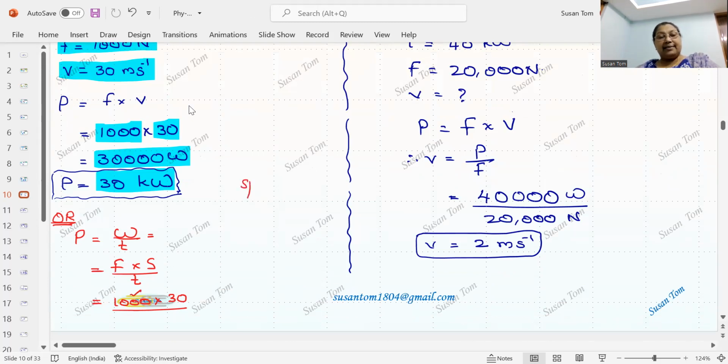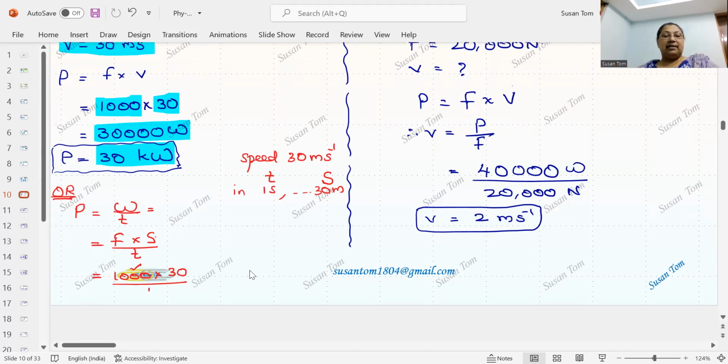The speed given in the question is 30 meters per second, which means in 1 second time, it covers 30 meters, which you can take as the displacement, and this as the time. So S and T, 30 and 1 you substitute, what you get is the same answer as before.